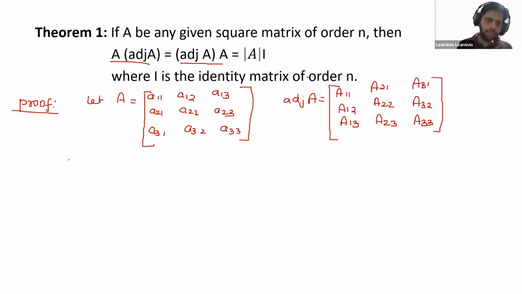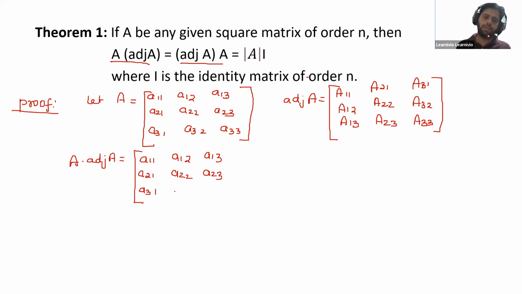Now, A into adjoint of A. Multiply A with the adjoint of A. This is A with rows A11, A12, A13, A21, A22, A23, A31, A32, A33.